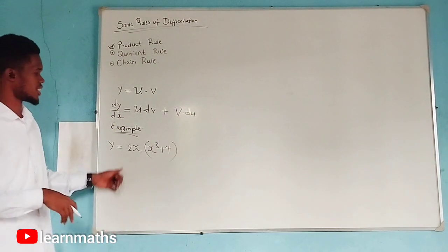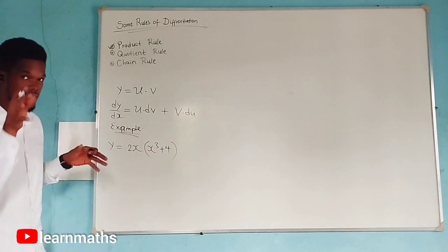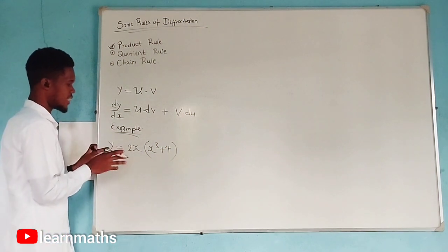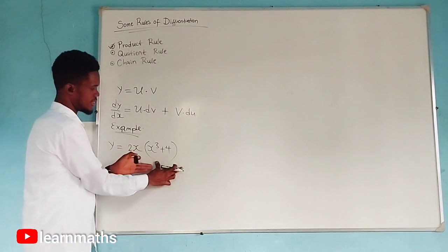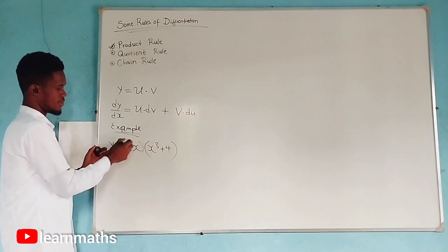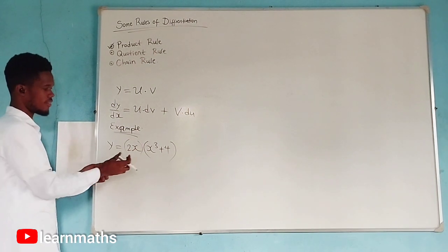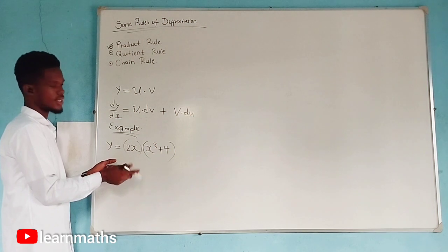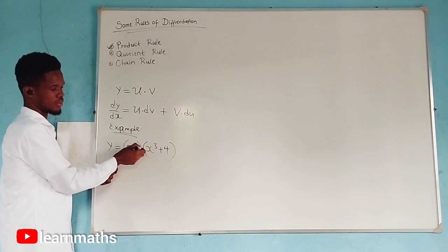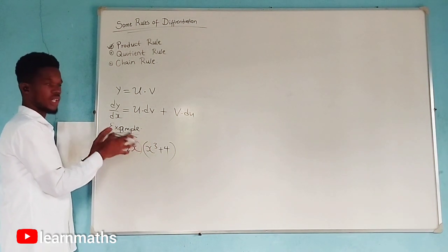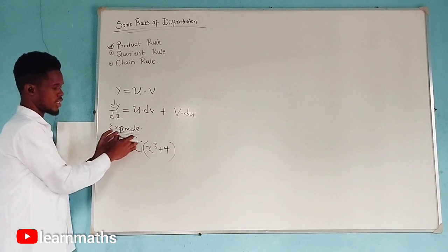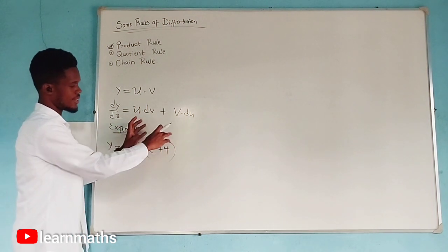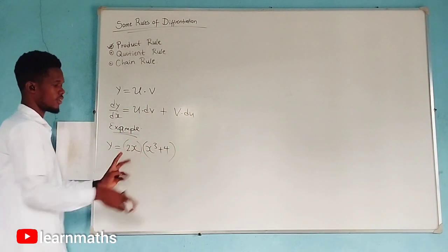And you're asked to differentiate this function. Now you can see that we have two terms here, this and this. Okay, let me close the brackets so we'll see the two terms we have. And these two terms are multiplying each other, right? There is no addition sign or subtraction sign in between. This y here is actually the product of 2x and x raised to power 3 plus 4, right?